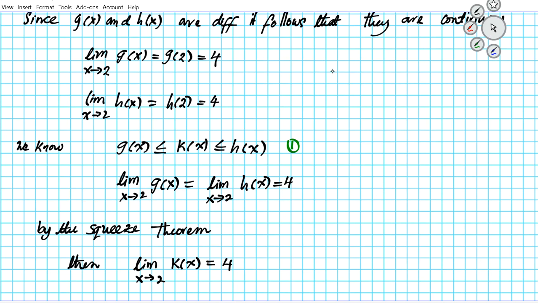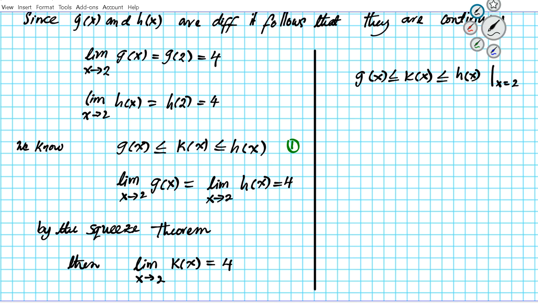We know what g of 2 and h of 2 are, right? So from this inequality right here, g of x is less than or equal to k of x is less than or equal to h of x, if we evaluate this inequality at x equals 2, what do we have? We have g of 2 is less than or equal to k of 2 is less than or equal to h of 2.